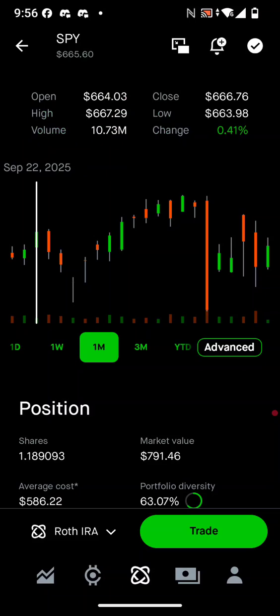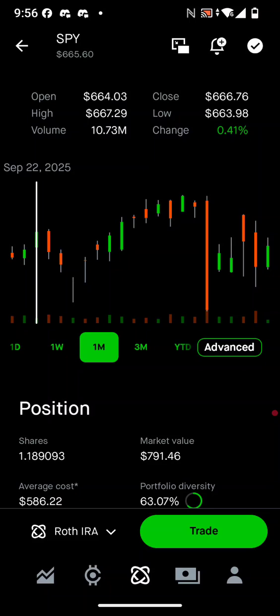It went as high as 667 and as low as 663.98, but it closed at 666.